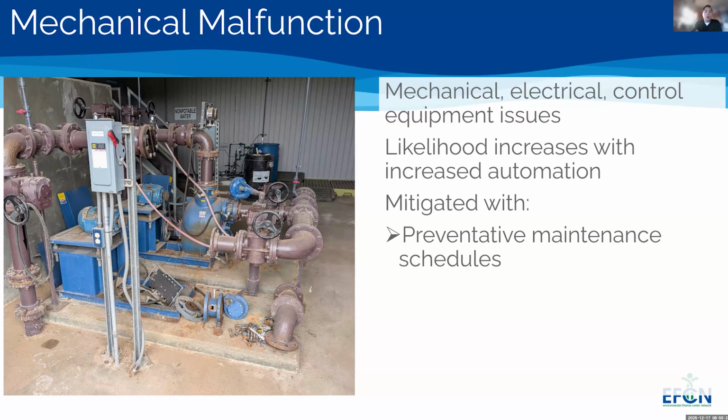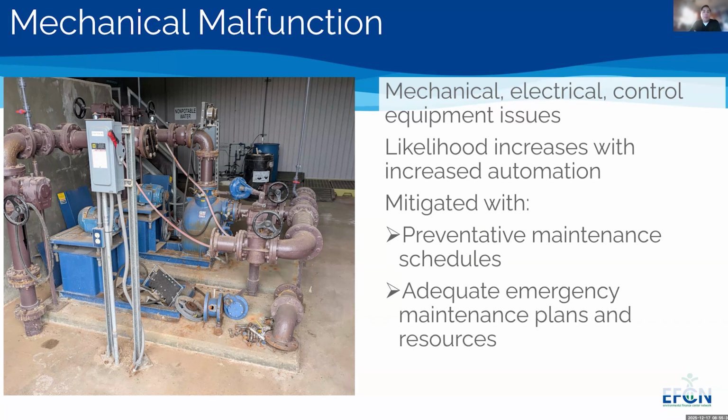Now, these types of issues are avoided by performing consistent preventative maintenance schedules, and making sure that we have adequate reactive maintenance abilities, which can include proper maintenance knowledge and capacity, proximity to maintenance personnel with plant-specific capabilities, and the availability of redundant equipment. And then the last mitigation strategy would be to make sure to have reliable capital planning that ensures the funds are available when they are needed for repairs.